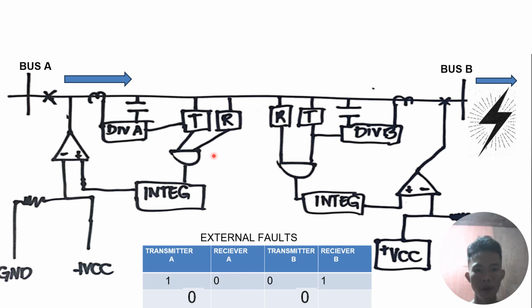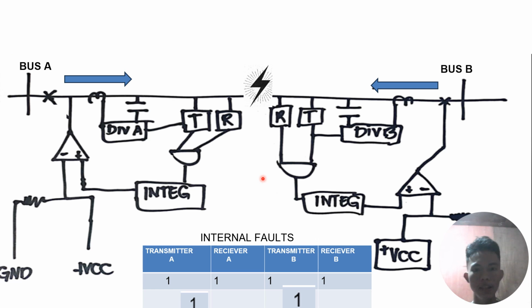So comparing both signals, 1 and 0 in the AND gate is equal to a low signal. Same here, 1, 1, 0, then it will produce a 0 signal.